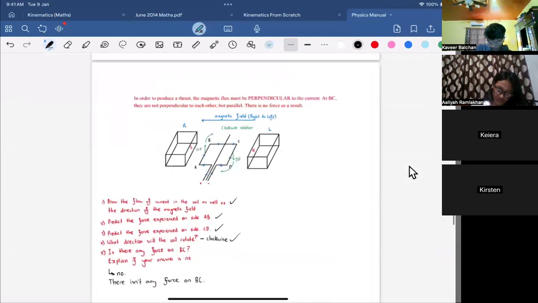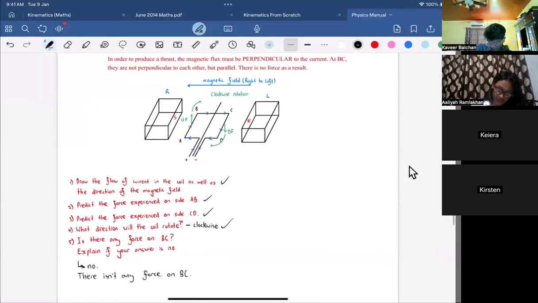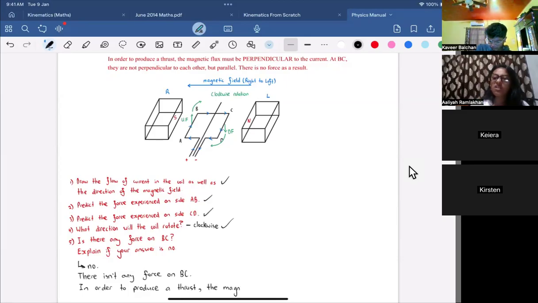Right? In order to produce a thrust, the magnetic field, we use the fancy word here, the magnetic flux.